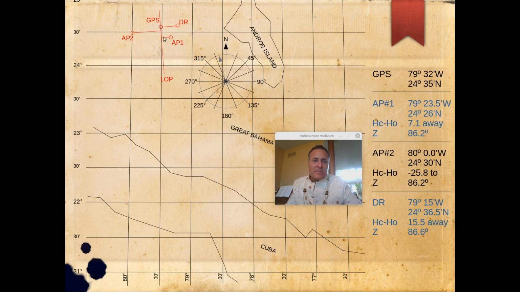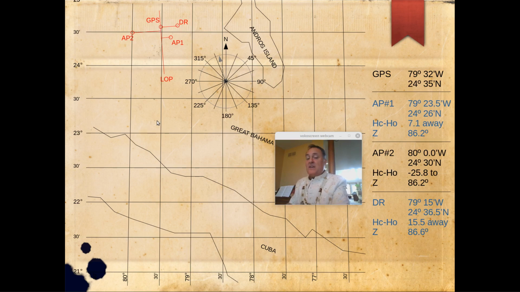If I use some other assumed position, the best I can hope for is that I'm somewhere on that line and kind of nearby. But this gives me some better data. It gets me closer to truth using the dead reckoning.